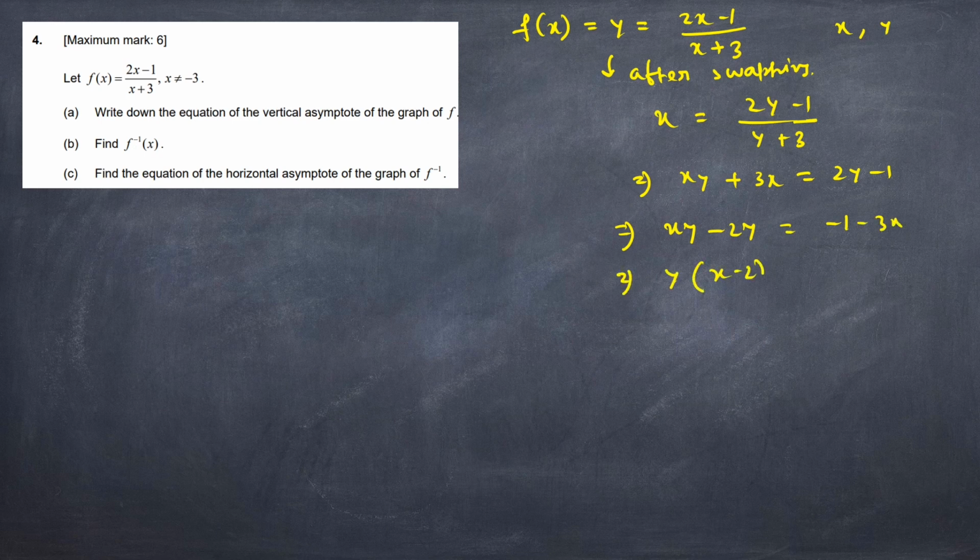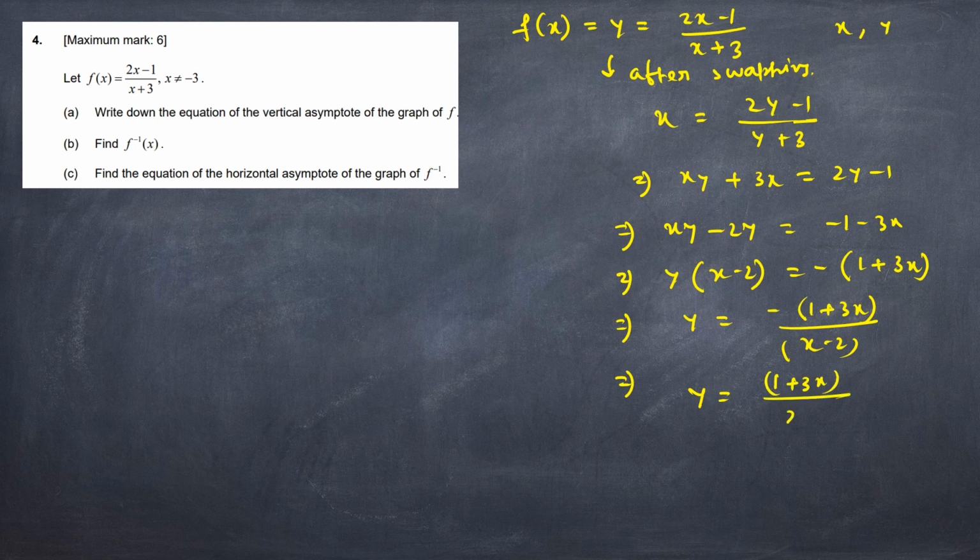So y times (x minus 2) is equals to minus 1 minus 3x. Just I am taking minus 1 common. So from here we can write y is equals to minus of (1 plus 3x) divided by (x minus 2), and we are multiplying minus 1 in both denominator and numerator. So we are getting (1 plus 3x) divided by (2 minus x).